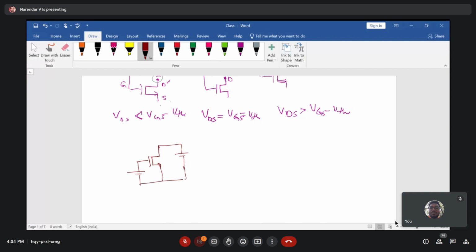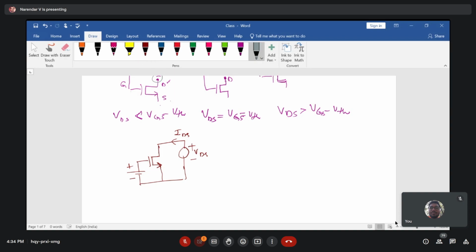Here, this is your VDS value, and this is your VGS value that you apply at the gate terminal so that the channel can be created. Because of this, you have a current IDS.